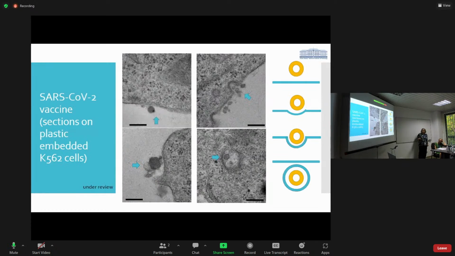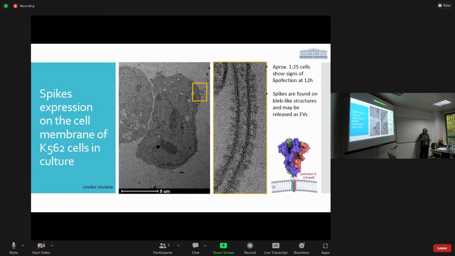We made a small experiment giving a vaccine in cell culture to a certain type of cells, and we observed the classic route of internalizing the vaccine, endocytosis, and the endolysosomal compartment was filled with ribonucleic particles.